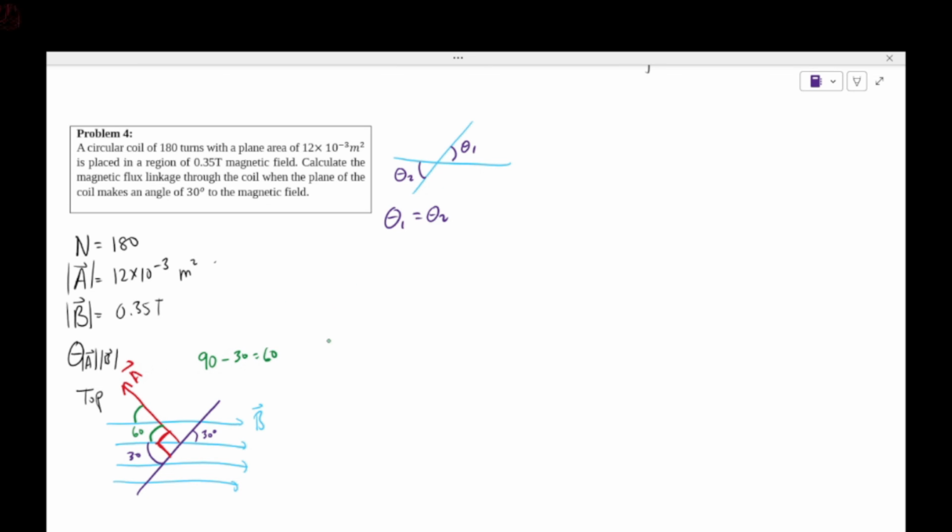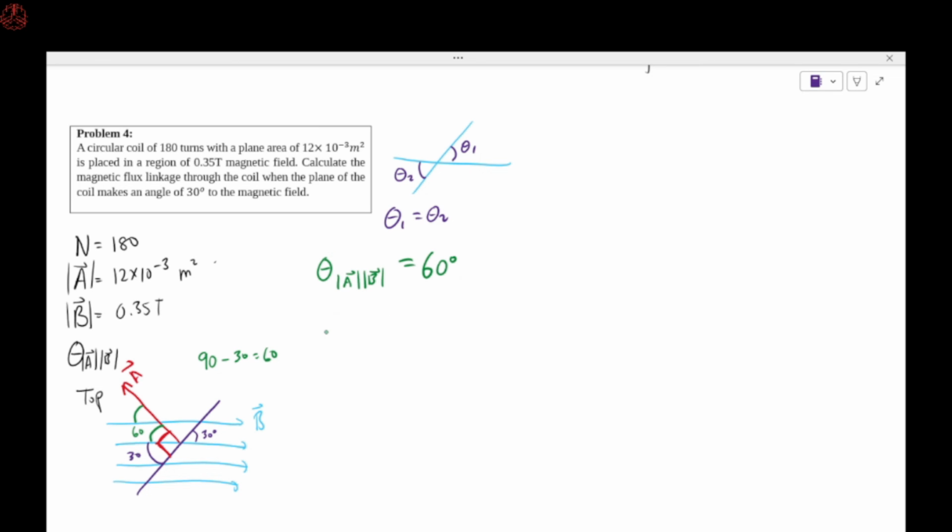So the angle between vector A and vector B is actually 60 degrees and not the given 30 in the question.